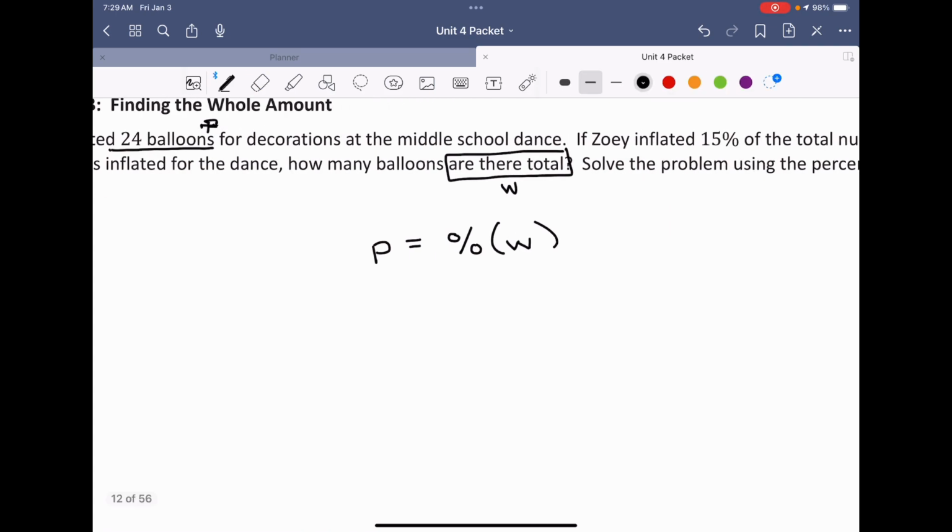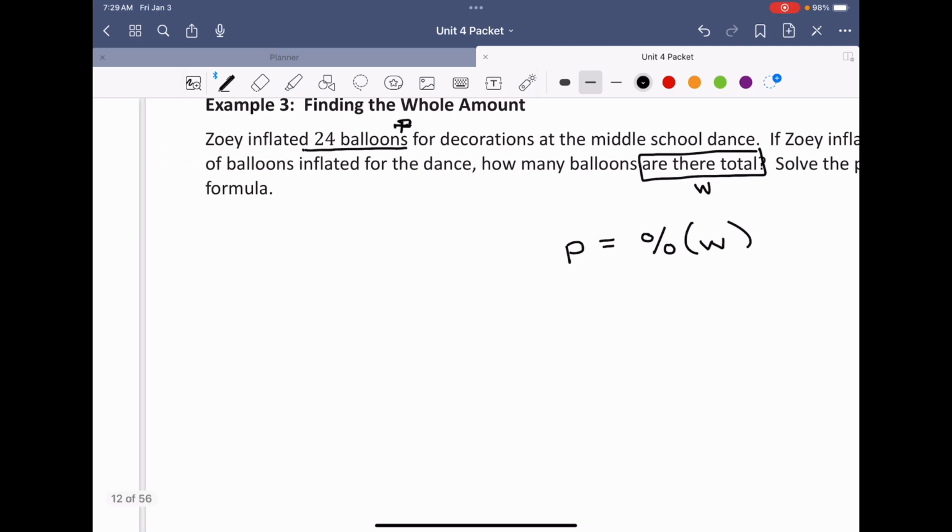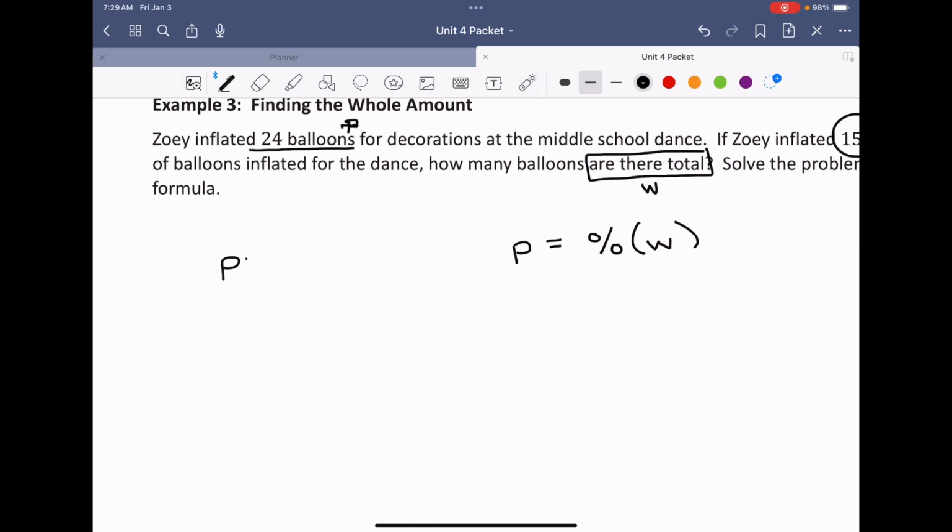And the 15% is our percentage. Let's set up our cheat sheet. So part equals 24. Percent is going to be 15%, but remember we have to change that to a decimal, so divide by 100: 0.15. And our whole is x.